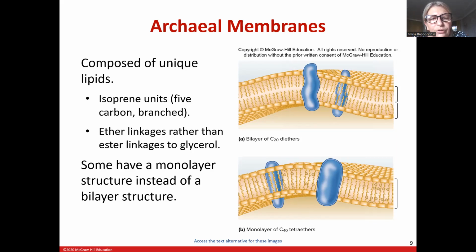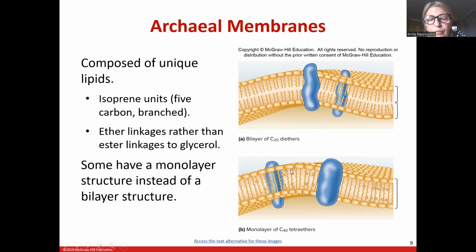You can also have isoprene units, which are 5-carbon branched lipids, and as I said, ether linkages rather than ester linkages to glycerol. Some of them are phospholipids. Some of them have sugars instead of the phosphate to make the amphipathic molecule.